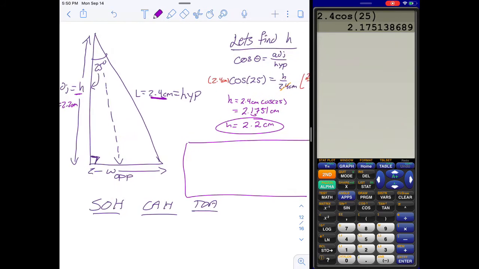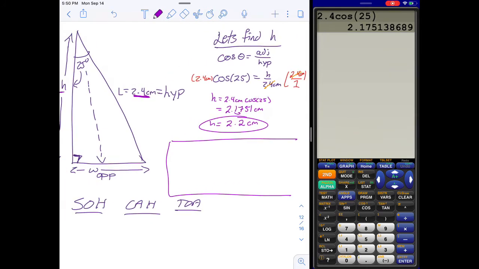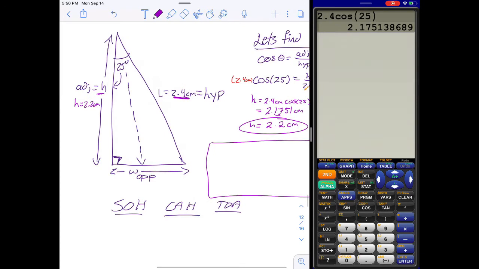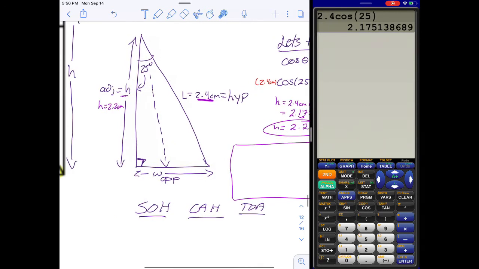I'm going to practice using a ratio. Opposite, that's what w is. So we're trying to find the opposite side length and we're given either the hypotenuse or the adjacent. I'm going to actually use TOA. So I'm going to use tan, because we're trying to find the opposite and we have the adjacent side length.